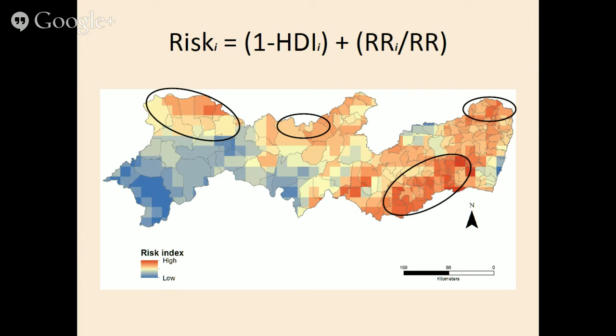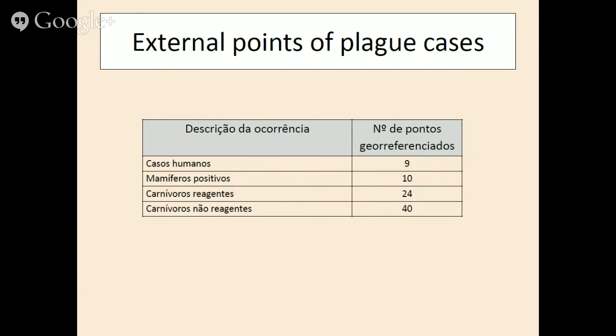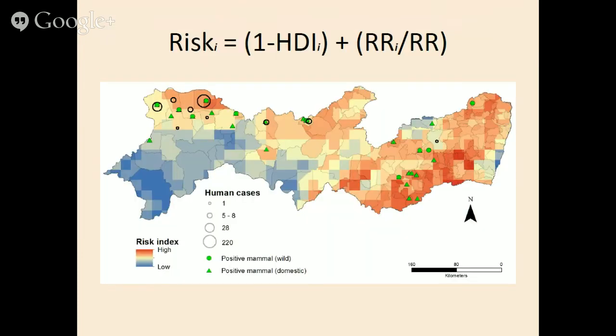So they found these areas with higher risk values, and then they went to the field to collect serum from some dogs, and they made a review of human cases and animal cases of plague in the last years, and they found this. So the risk map was giving some clues of what was happening in the geography of plague in Pernambuco.